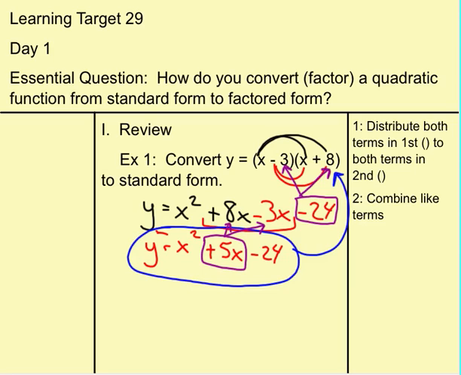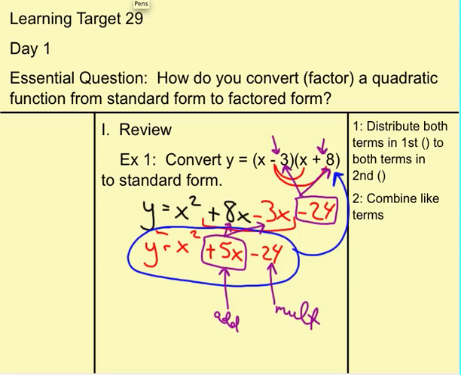So when we look at our original binomials, it's getting a little messy here, I'm going to erase a little bit. When we look at our original binomials, we had 8 minus 3. So when we take a quadratic equation in standard form, we're going to be looking for two numbers that multiply to the constant and add to the coefficient of our x term.